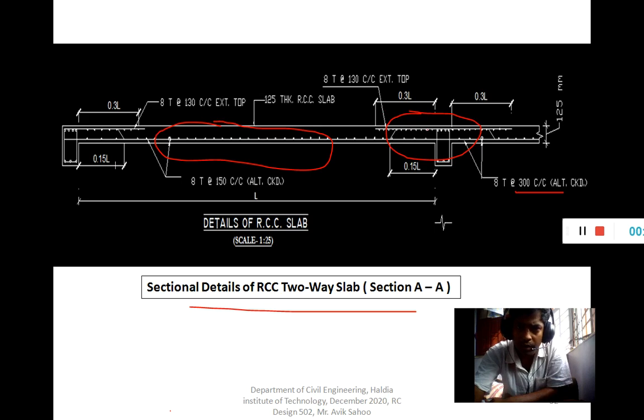And the top steels are used. Again this steel, the length of the top bar will extend up to 0.3 L from the face of the support. Similarly at the right side also, the depth of slab is 125 mm.